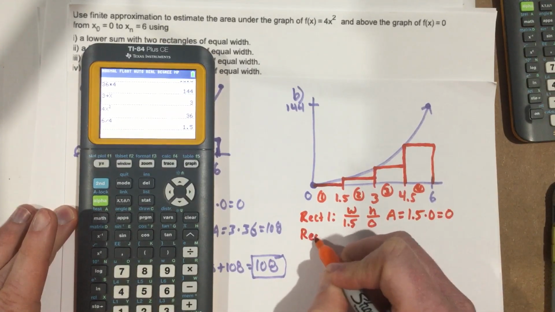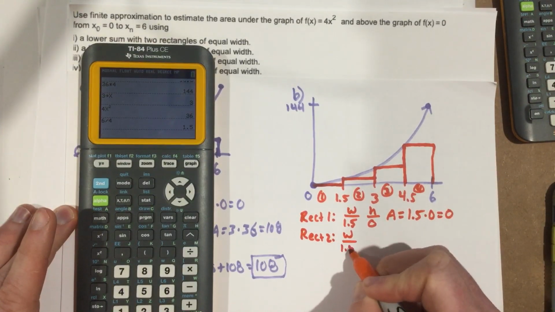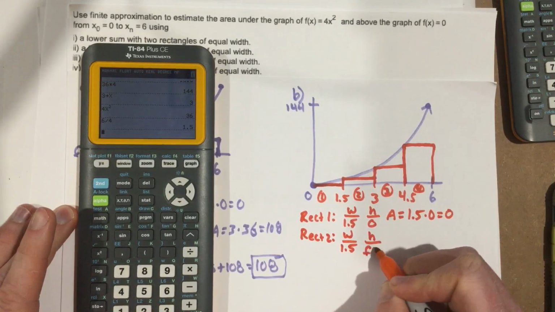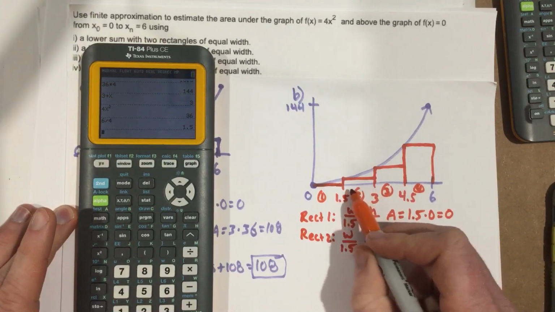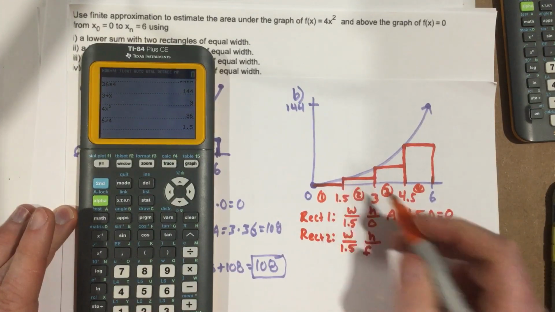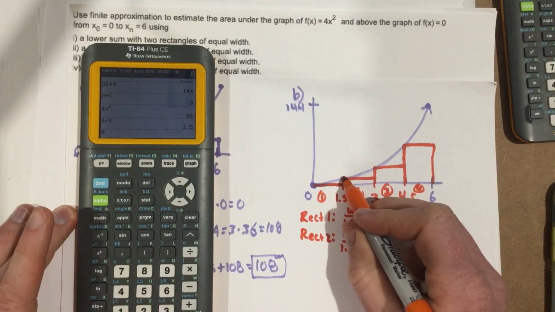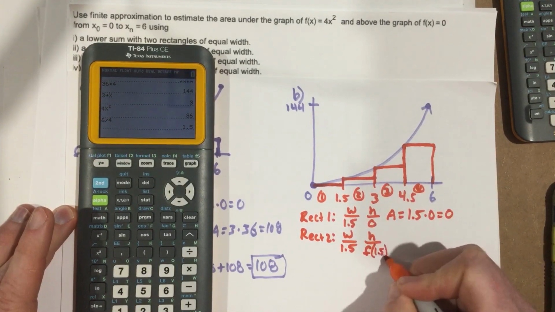Rectangle 2 has a width 1.5. Its height is f of 1.5. Well, its height would be whatever 1.5 is, right? So this 1.5 is that spot, whatever that y value is, that'll be the height of the rectangle. So f of 1.5 is what we want to find.